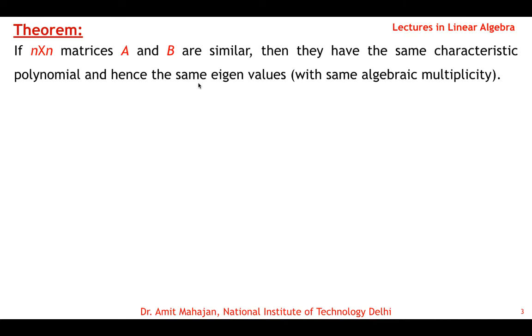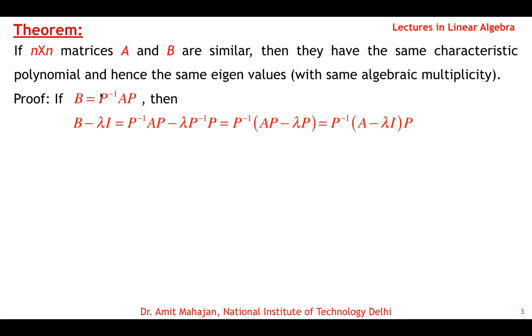That means if A has eigenvalue 1, then B also has eigenvalue 1. If A has eigenvalue 2 repeated 3 times, then B also has eigenvalue 2 repeated 3 times. So if there is repetition of an eigenvalue, the same repetition is there in the other matrix. We are going to prove this theorem first.